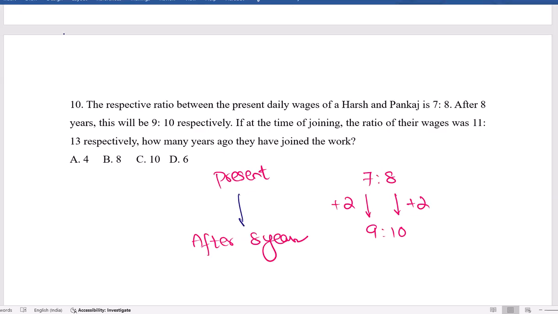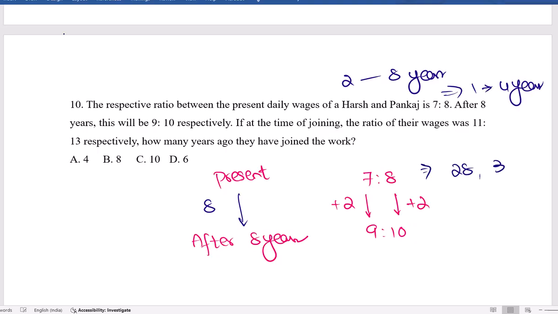So here 8 is the gap for both, in ratio 2. So 2 related to 8 years means 1 related to 4 years. In the sense this is 7 into 4, 28, 8 into 4, 32. Present, okay, their age is 28 and 32.